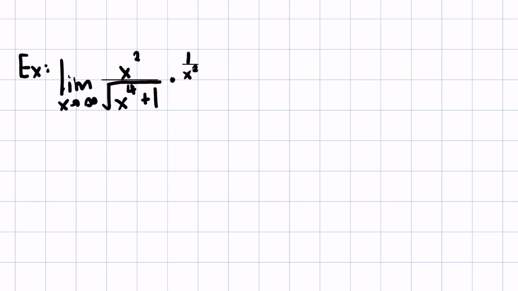That's what we multiply by, 1 over x squared over itself. And so here is what we're going to get. Basically, when we multiply the numerator by 1 over x squared, it's sort of like multiplying under the square root sign by 1 over x to the 4th, okay? So we end up with this.